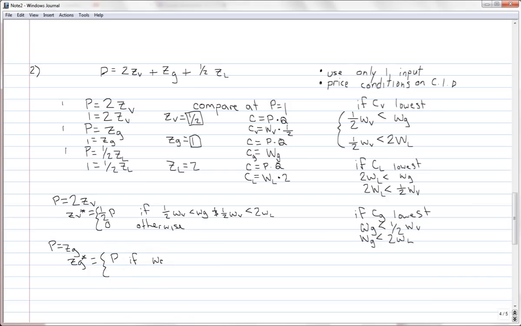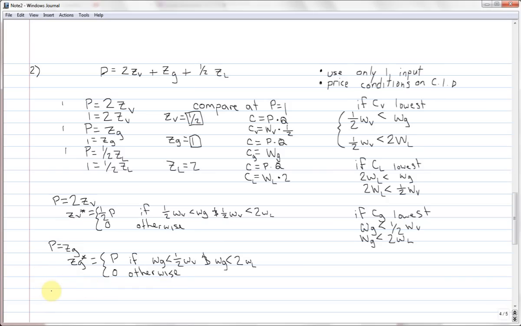If WG less than 1/2 WV and WG is less than 2 WL. And of course, if it's not the cheapest way to do it, then 0 otherwise.